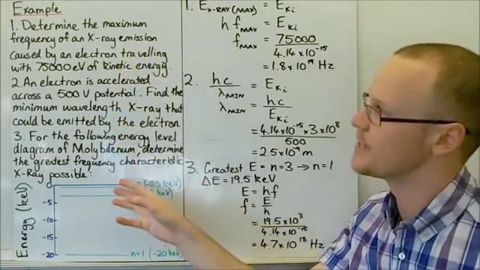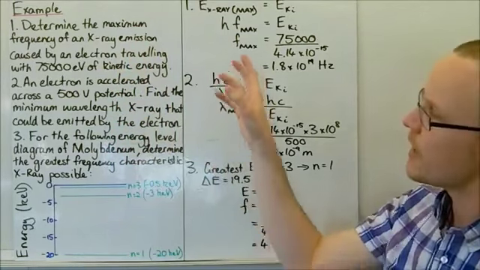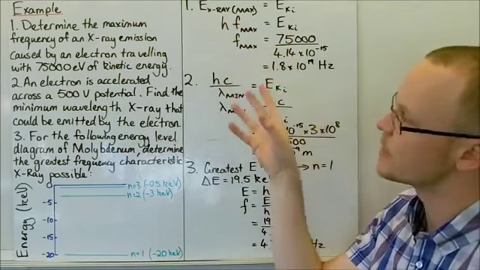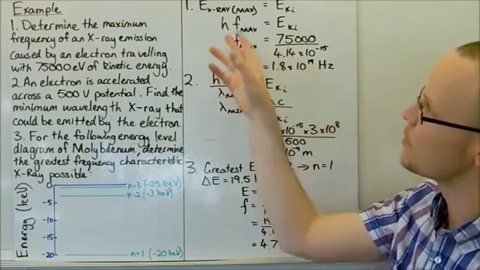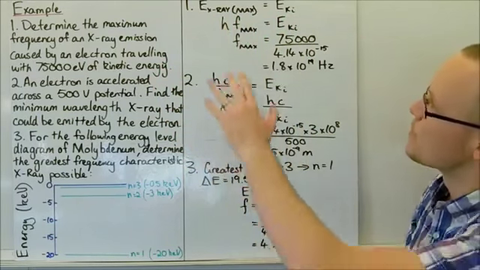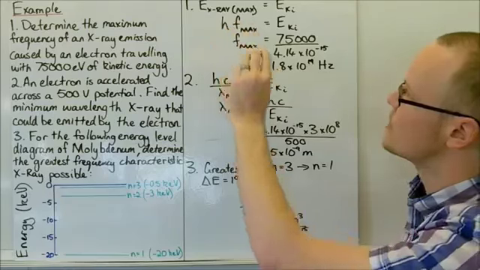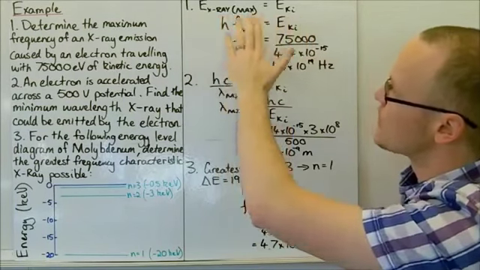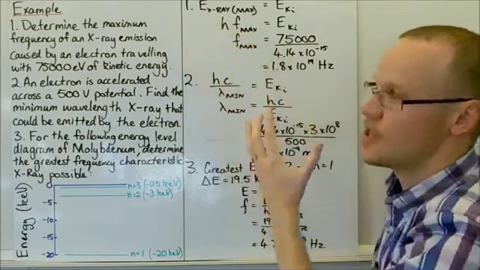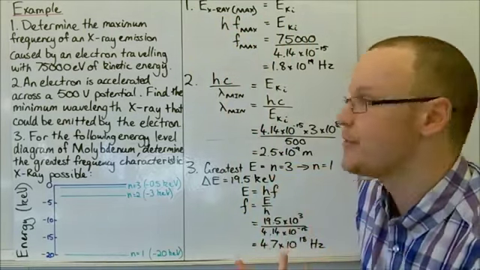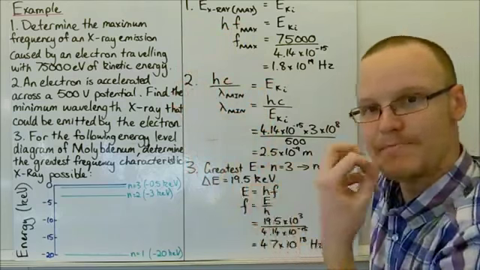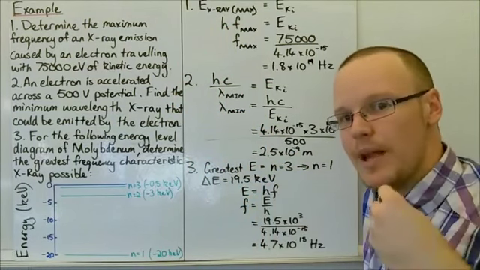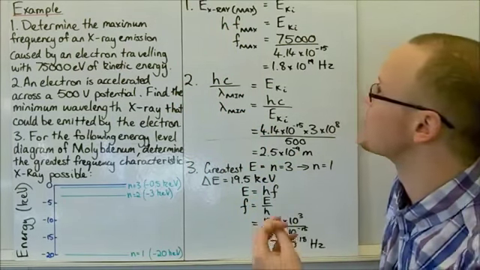So here we've got 3 examples. I'm not going to read them to you, but we can go through the actual answers for them. For the first one, we've got an energy coming in of 75,000 electron volts. So the energy of our X-ray is equal to hf, and this is going to be the maximum frequency. The maximum amount of energy will have the maximum frequency.